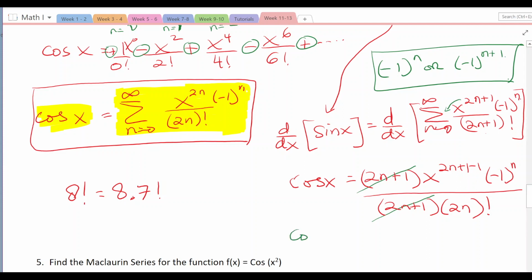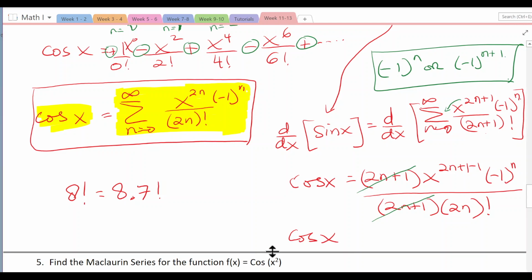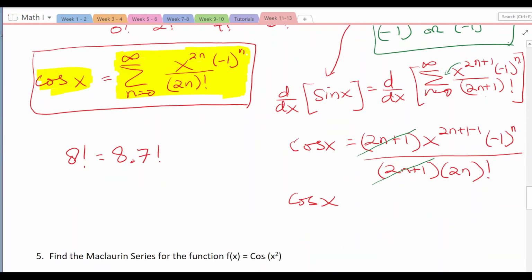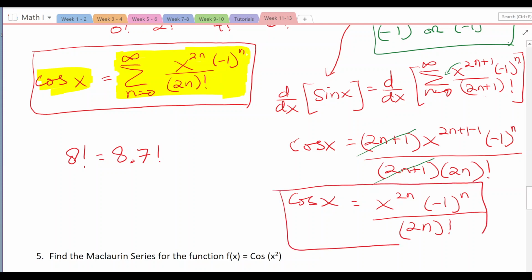So the cos x is equal to x to the power of 2n times negative 1 to the power of n, all over 2n factorial, which is the same as we calculated before. Alright, thank you.